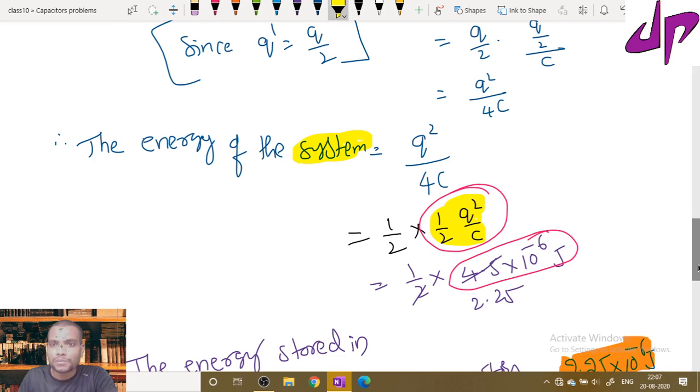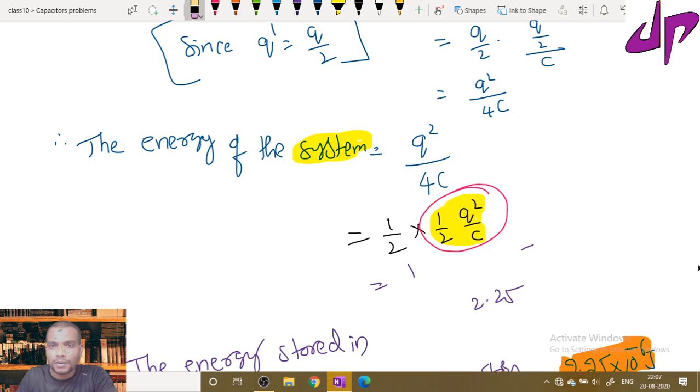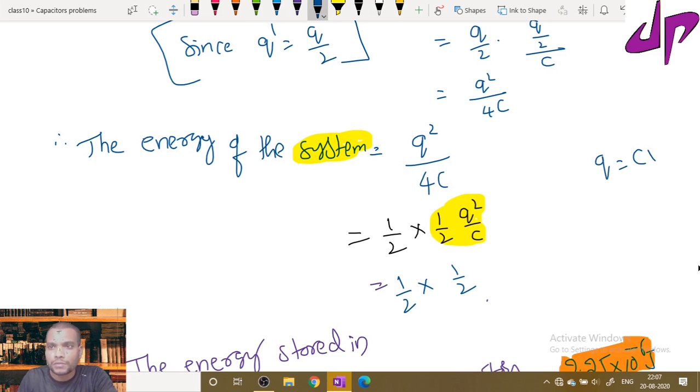We can convert this expression in terms of half cv square. So better I do it here for your understanding. I would like to manipulate that half times q equal to cv, and here you can substitute c square v square by c. So one c gets cancelled, and it becomes half times again half c v square.